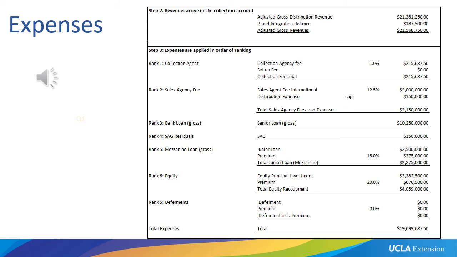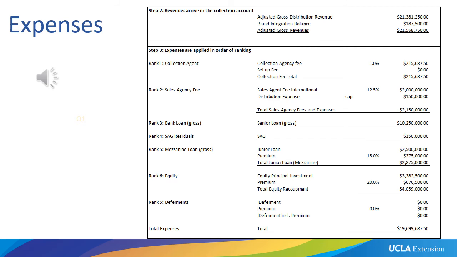On the distribution expenses, we agreed a cap to be applicable with the sales agent of $150,000. So that's all we pay here. We don't pay a percentage. We just pay an amount of $150,000 in distribution expenses. So altogether, our sales agent has a $2,150,000 payment coming to him.